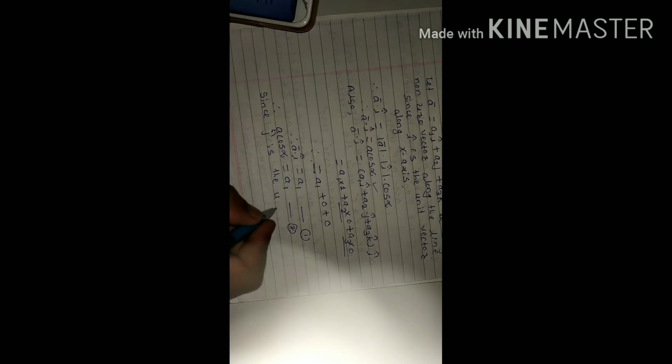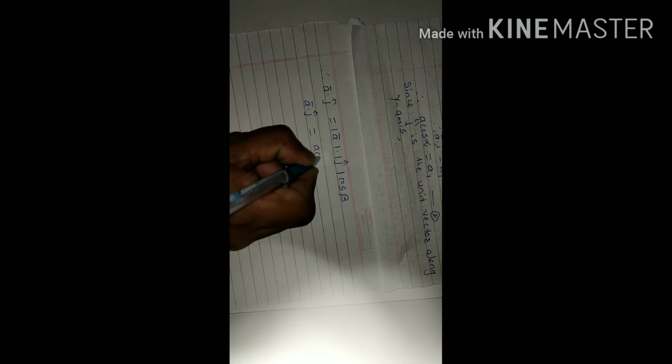Same process. Since J cap is a unit vector along the y-axis, where I cap is along the x-axis and J cap along the y-axis, we write A bar dot J cap is equal to modulus of A bar into modulus of J cap into cos beta, that is A cos beta.